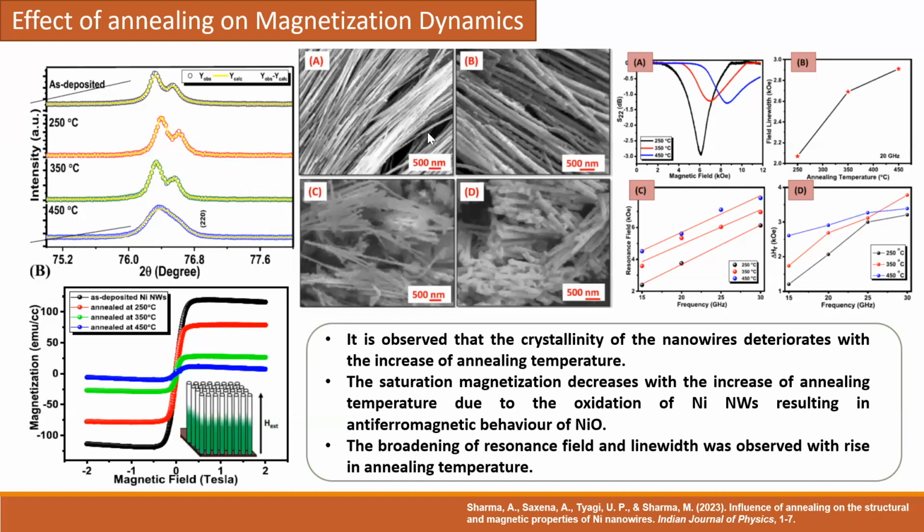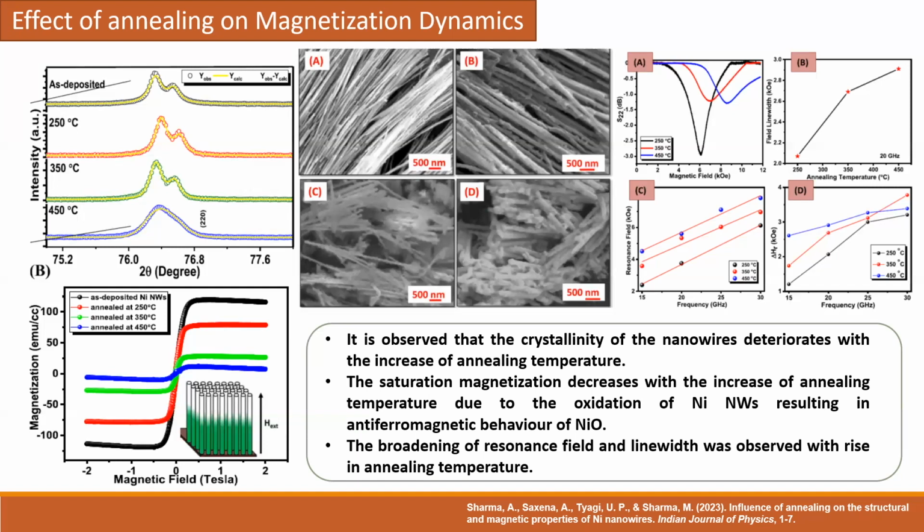A similar effect of annealing can be investigated using the scanning electron microscope images as well. In the scanning electron microscopy images, it is clearly visible what happens when we keep on increasing the temperature. Figure A shows the as deposited nickel wires. When we start annealing these nanowires, you can see that the surface of these nanowires starts deteriorating.